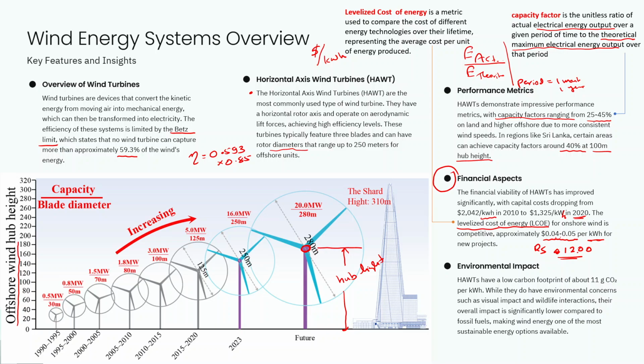If you look at the environmental impact, horizontal axis wind turbines have a very low carbon footprint of about 11 grams CO2 per kilowatt hour produced, because wind is very clean energy. But though the carbon footprint is very minimal compared to thermal power plants, there are some environmental concerns, like the visual impact.